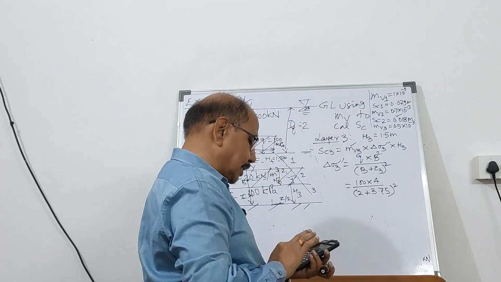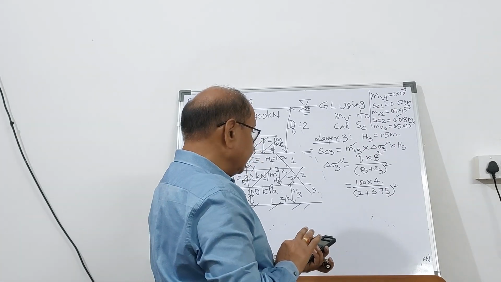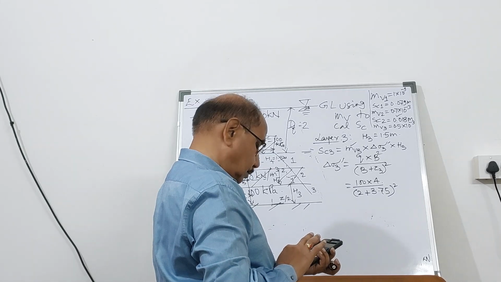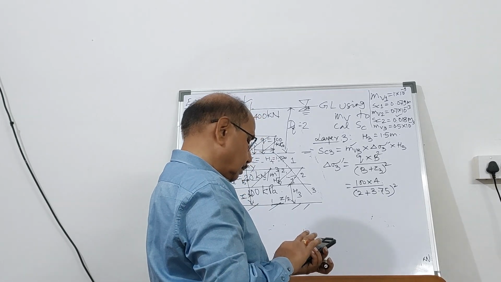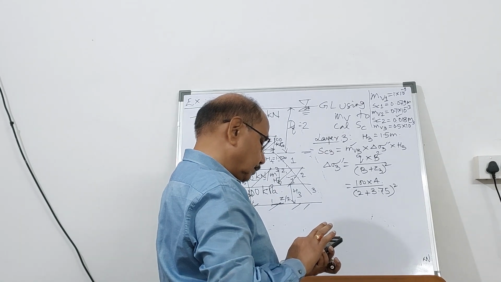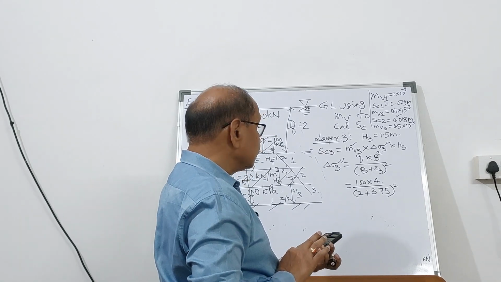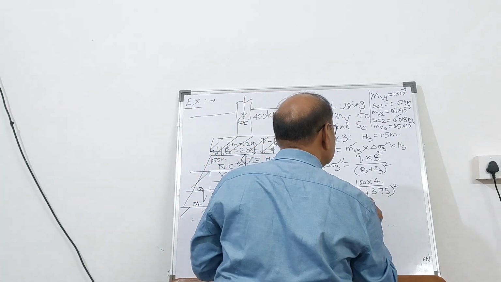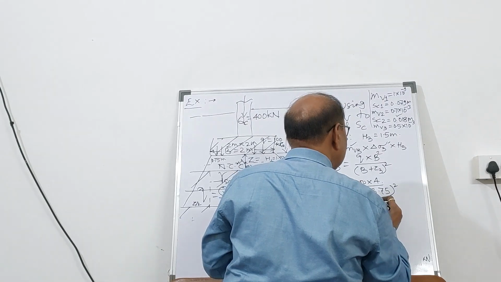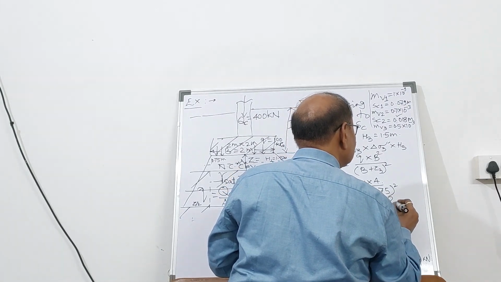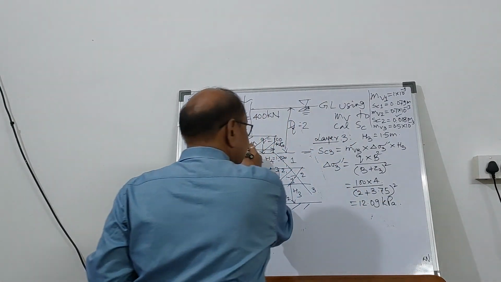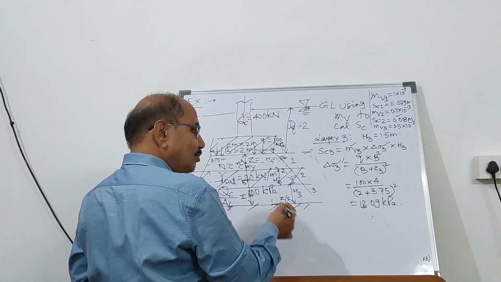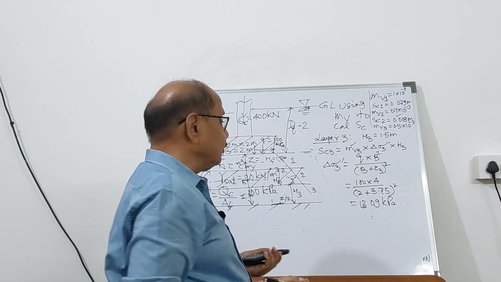If you calculate this, you will be getting 12.09 kilopascal. Almost this was 100. Now you are getting 12 at the midpoint of layer 3, almost 10%. That is called zone of influence.